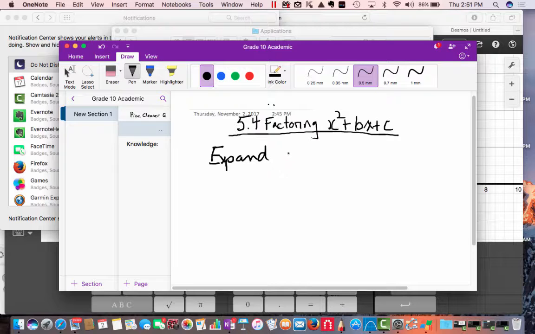If we had something like x plus 3 times x plus 4. And I hope you can view this as these are the factors and the trinomial we're going to get when we expand this.